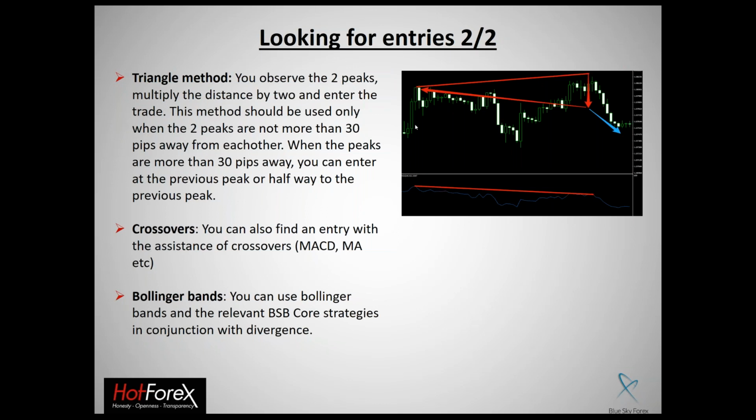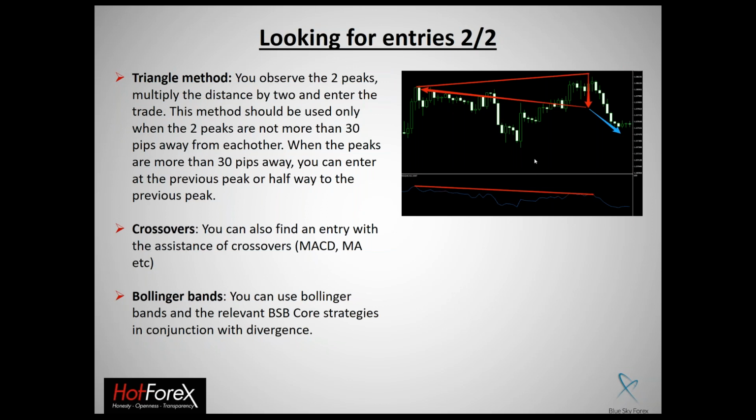So imagine this: if you have one peak here and the other peak, higher up, maybe 60, 70 pips, it would be stupid, to put it bluntly, to wait for a significant drop and trade here only. I mean, you can all imagine that, and it wouldn't really make sense. And for this, I still use the triangle method, but at different entry levels, which I will show you very soon as well.